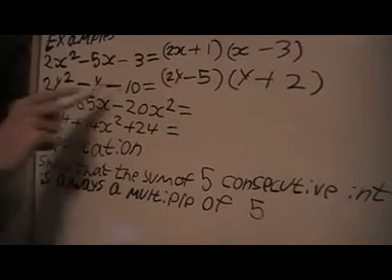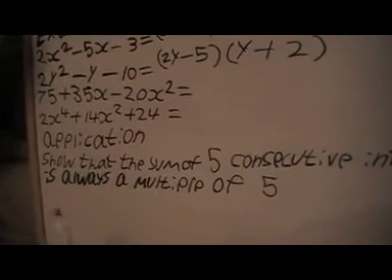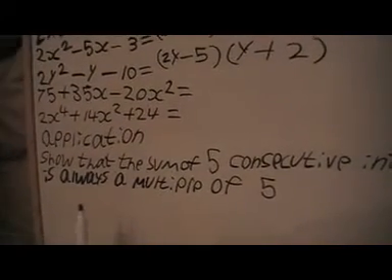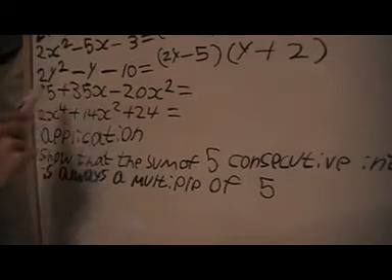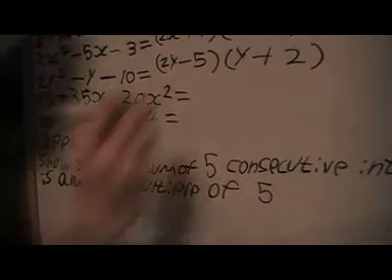Now this one here is a bit tricky. We've got a negative x squared and we don't really like that too much. So what I'm going to do here is something quite clever. Instead of taking out 5 as a factor, I'm going to take out -5.